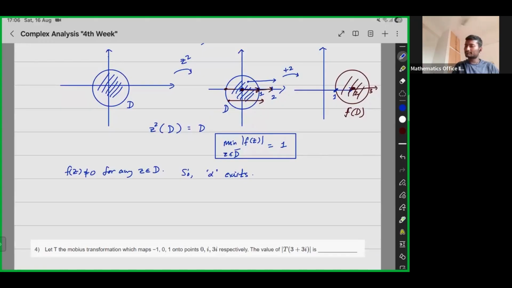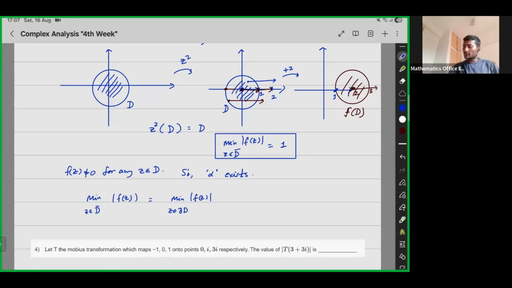One thing is clear: this minimum of modulus of f(z), z belonging to D bar, is the same as the minimum of modulus of f(z), z belonging to the boundary, del D. Okay, fine, you are with me.